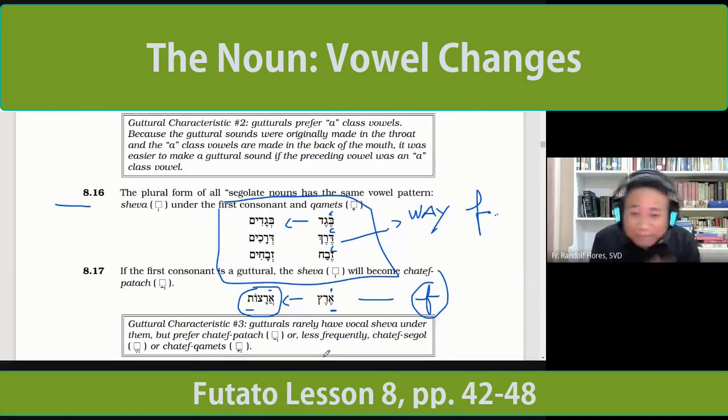Even if you do not find it in the dictionary, because it is the plural of eretz. Okay? So that's why I said, just see the root, spot the root there. What is this? This is -ot. It must be plural of something. Then, because of this, eretz.